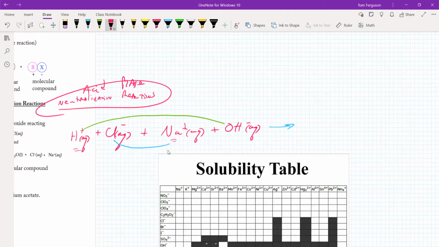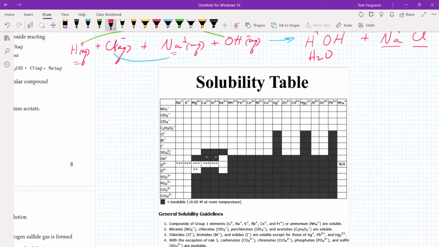Okay, well, the first one is HOH. And the second one is NaCl. So H plus and OH minus forms water, molecular water. Sodium and chloride are soluble because remember the sodiums are always soluble regardless of what they hook up with.